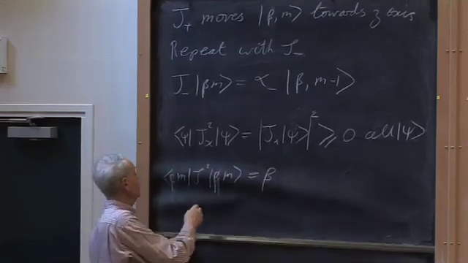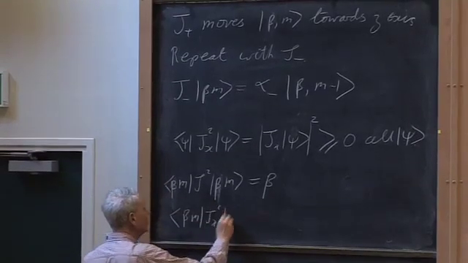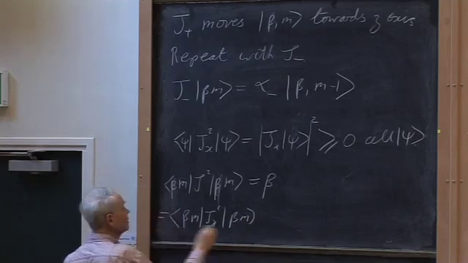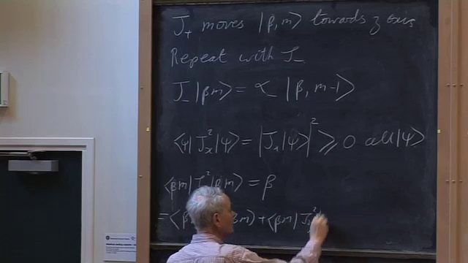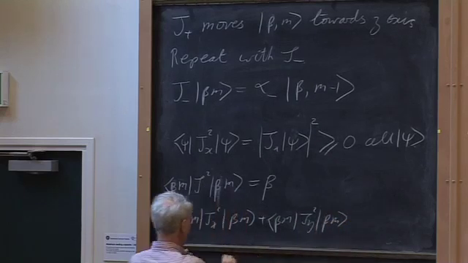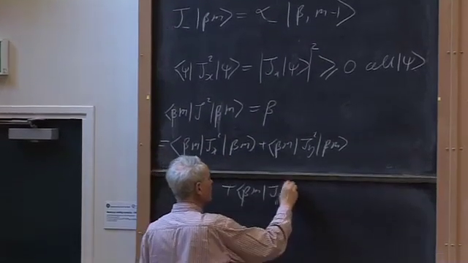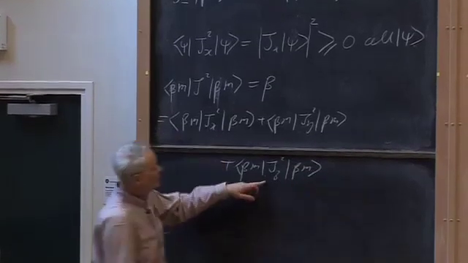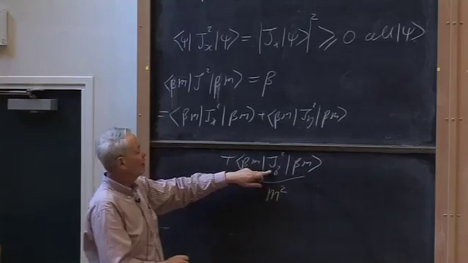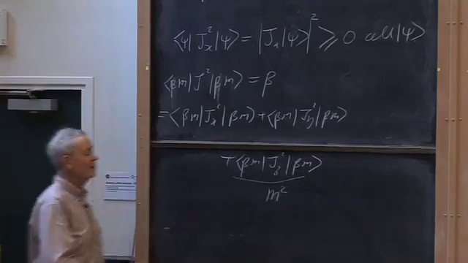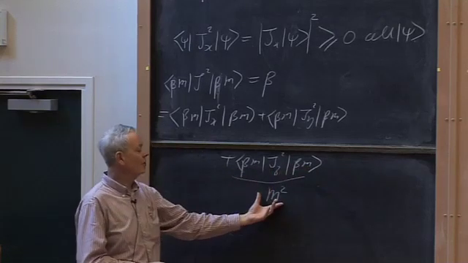But this can also be looked at as <β, m| Jx squared |β, m> plus <β, m| Jy squared |β, m> plus <β, m| Jz squared |β, m>. But this last one here is clearly m squared, because one of these J's looks at this and produces an m times |β, m>, and the other one then looks at that and produces another m times |β, m>, and we end up with just m squared.